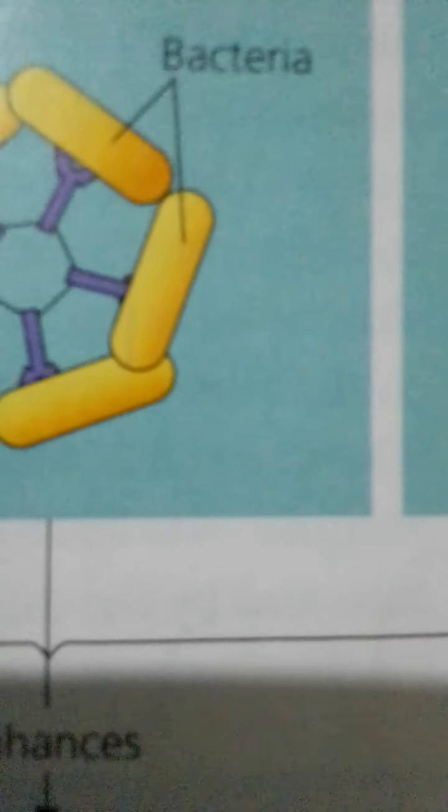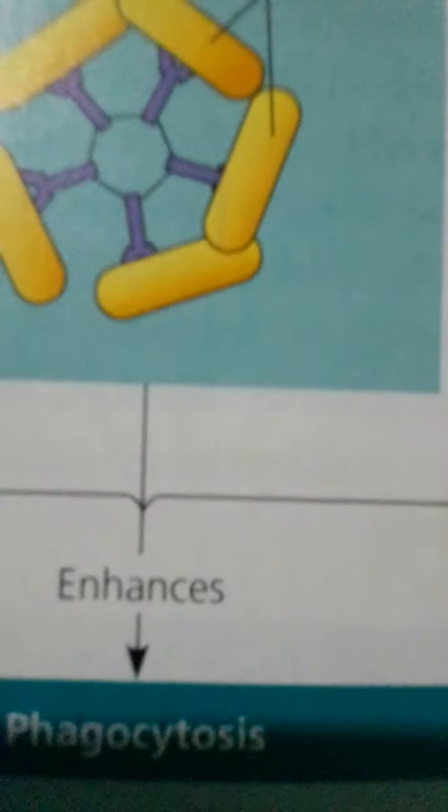Similarly, antibodies may bind to a pathogenic bacterium, coating much of the bacterial surface in a process called opsonization. The bound antibodies enhance macrophage attachment to the microbes and thus increase phagocytosis.